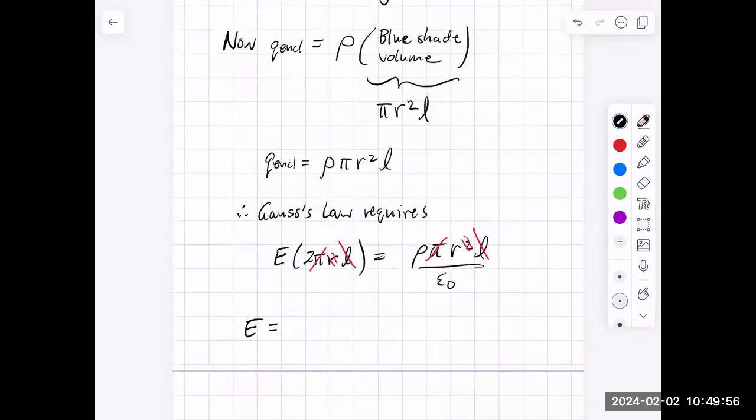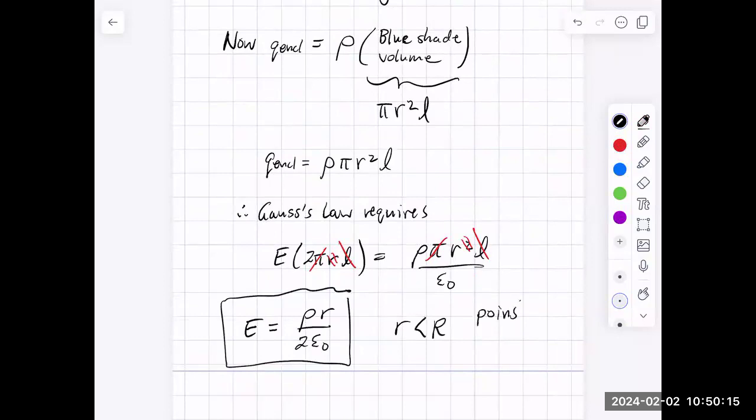And so E is equal to rho, let's see what's left over, r divided by 2 epsilon naught. And so this is for a radius that's less than big R. Whoops. This is for points inside the rod.